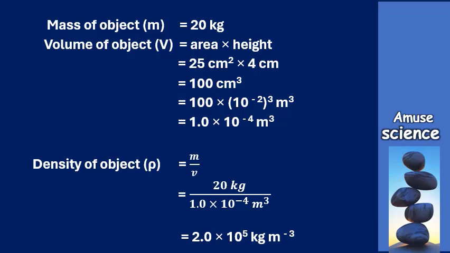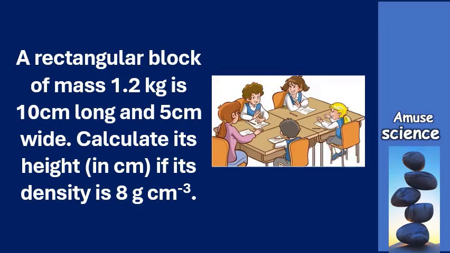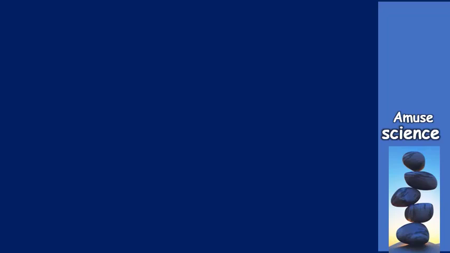A rectangular block of mass 1.2 kilograms is 10 centimeters long and 5 centimeters wide. Calculate its height in centimeters if its density is 8 gram per cubic centimeter. Alright, so let us put down the information given in the question. We have been given the mass of the block, which is 1.2 kilograms.